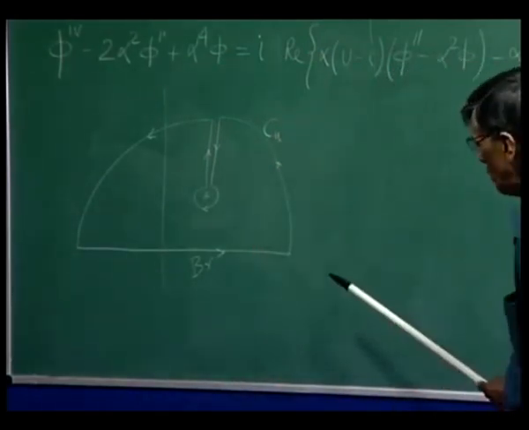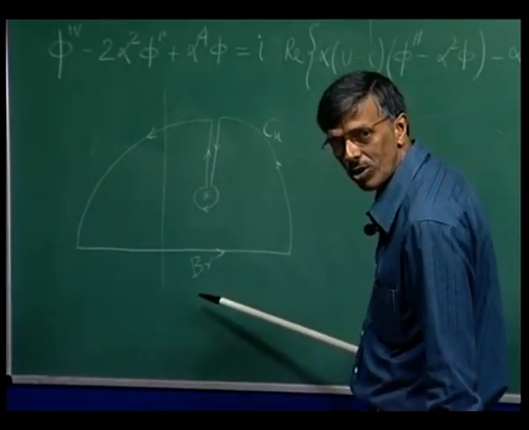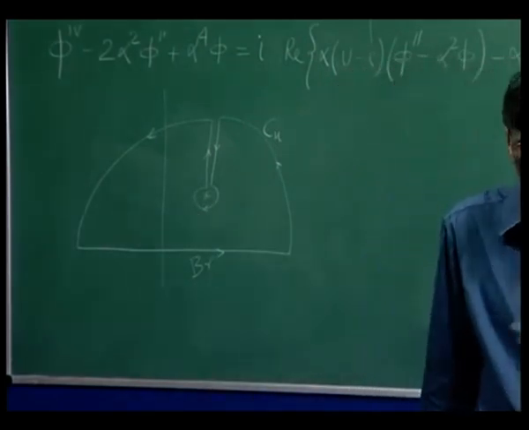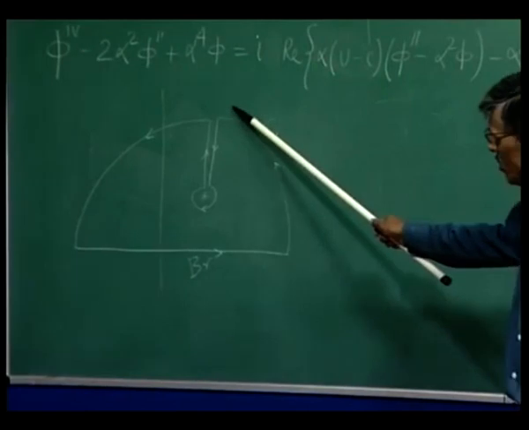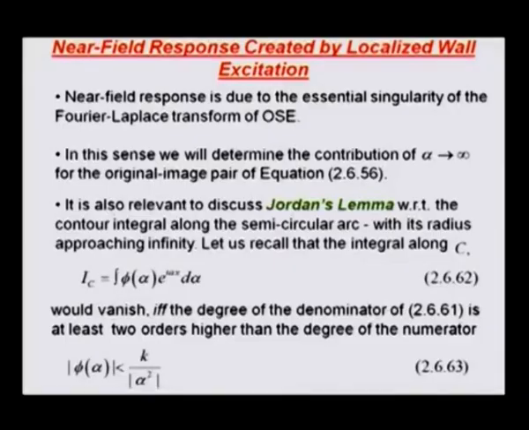Now, when we say that the contribution coming from the Bromwich contour is equal to the sum of the contributions coming from the residues at the poles, that is where we assume that the contribution along the semicircular arc is 0. And when we do that, that is what we call Jordan's lemma. Well, I jokingly call it Jordan's dilemma, because in this particular case, you will see that it is not always given that this quantity will be equal to 0.